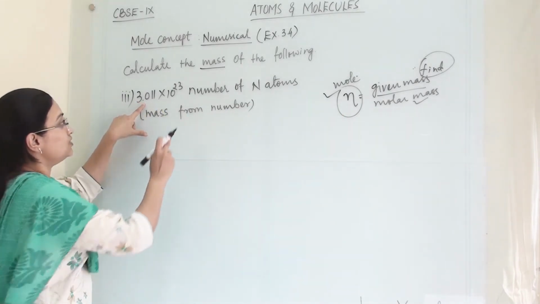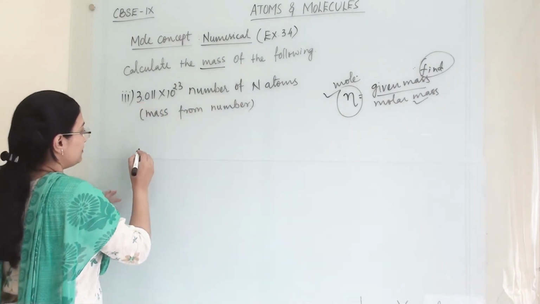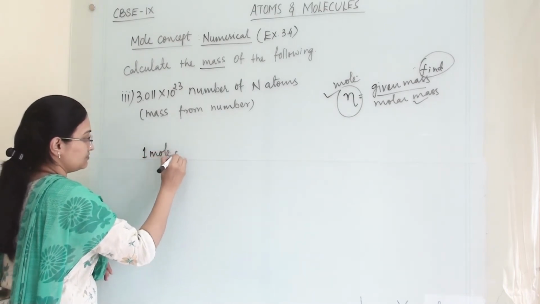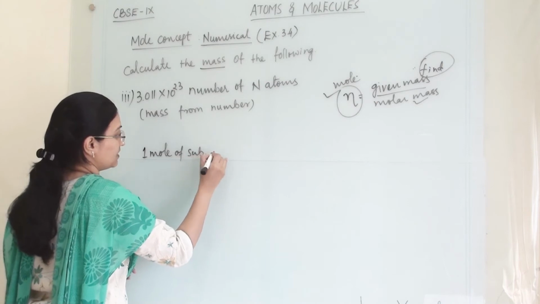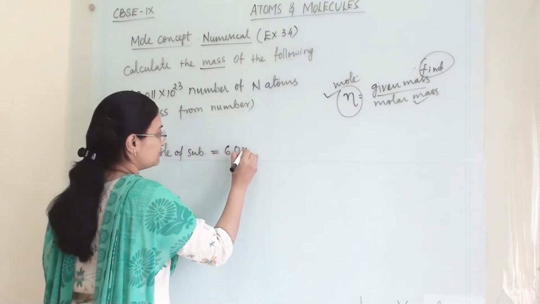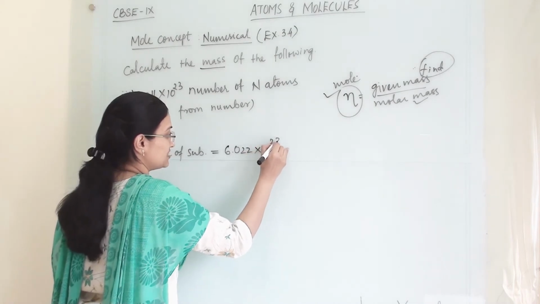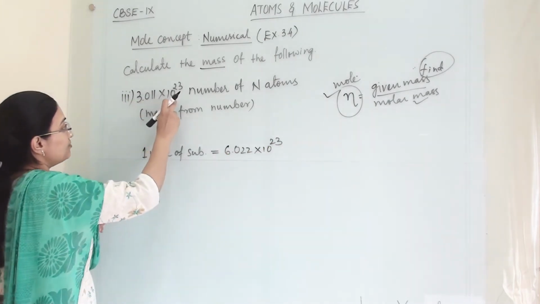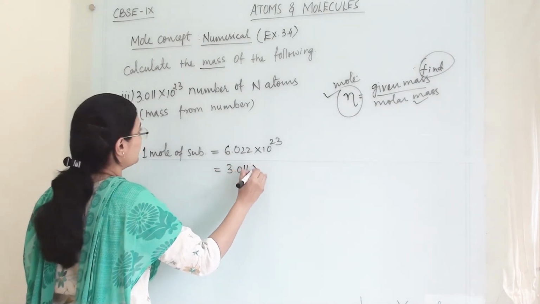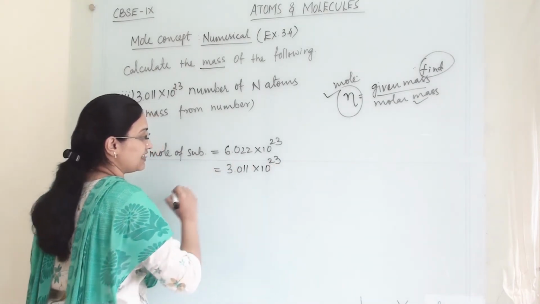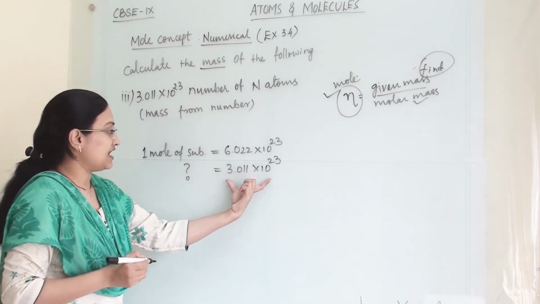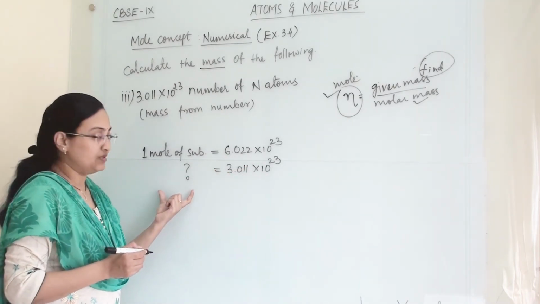Here we know the number of atoms. So we can write like this: in 1 mole of substance, how many number of atoms are there? 6.022 into 10 raised to 23. We have 3.011 into 10 raised to 23 atoms. Then in this many atoms, how many moles will be there?